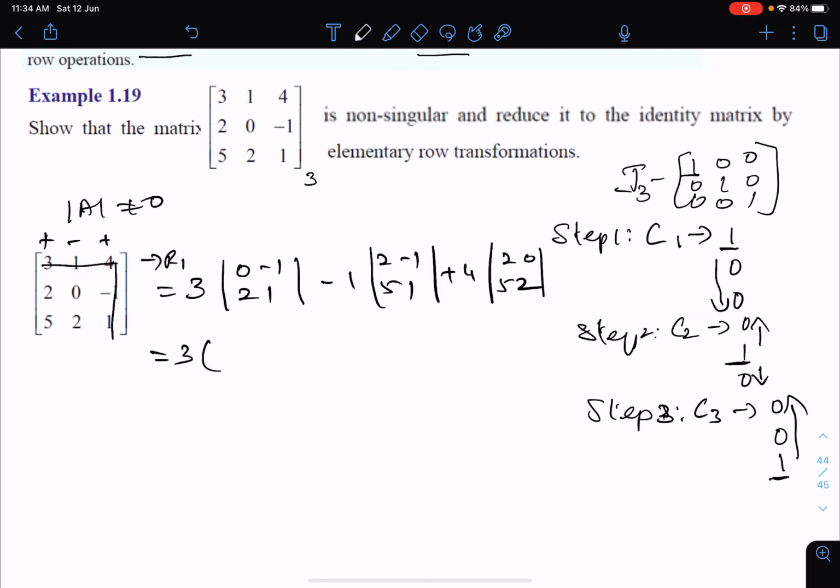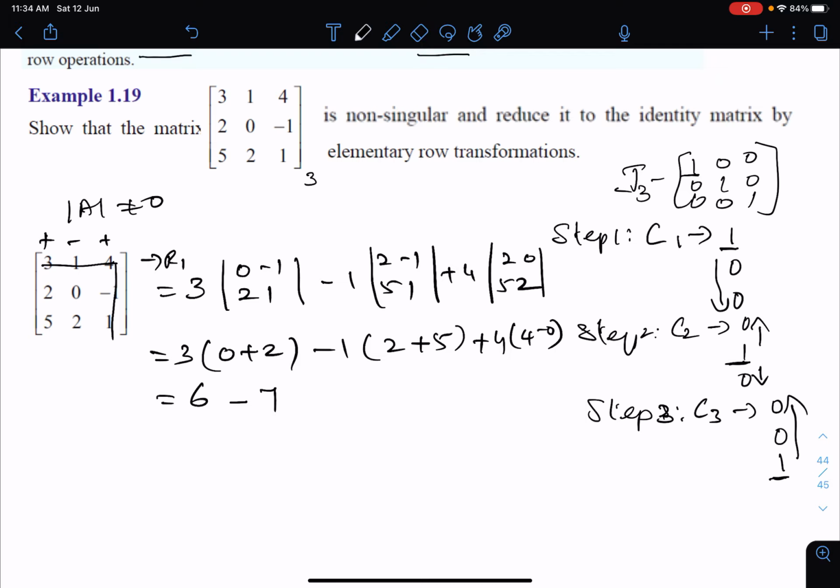So your answer is going to be 3 into (0 plus 2) minus 1 into (2 plus 5) plus 4 into (4 minus 0). So 3 into 2 is 6, minus 7, and then plus 4 into 4, which is 16. So 16 plus 6 is 22, and 22 minus 7 is going to give you 15, which is not equal to 0. Therefore determinant A is not equal to 0.